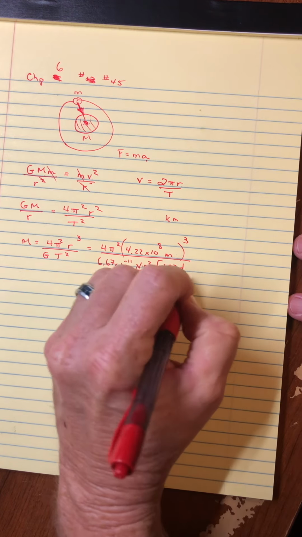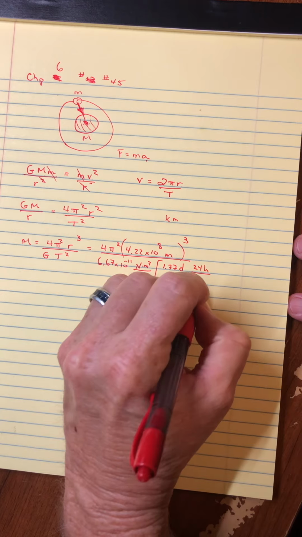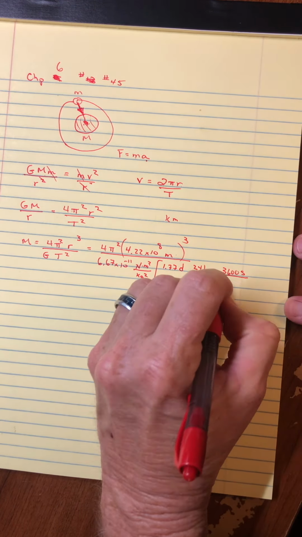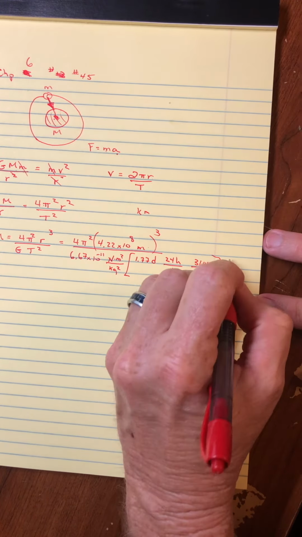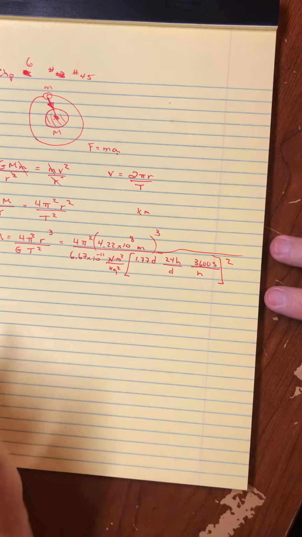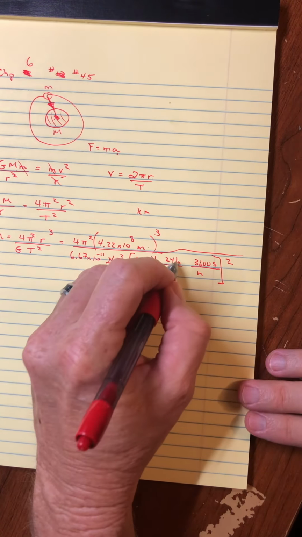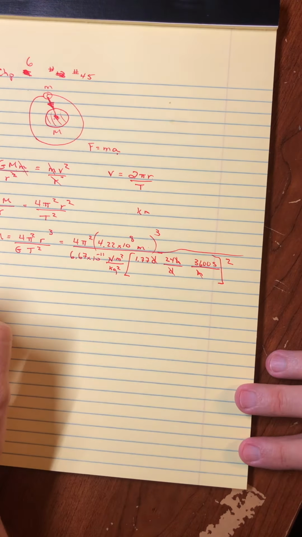But note that 24 hours is in one day and 3,600 seconds are in 1 hour, meaning that days and hours would cancel off.